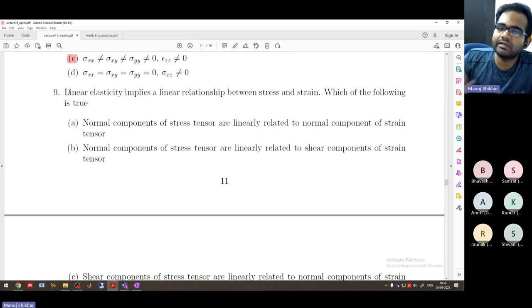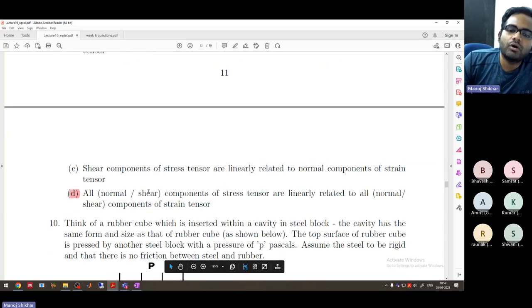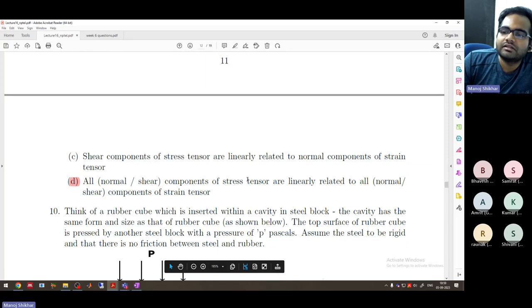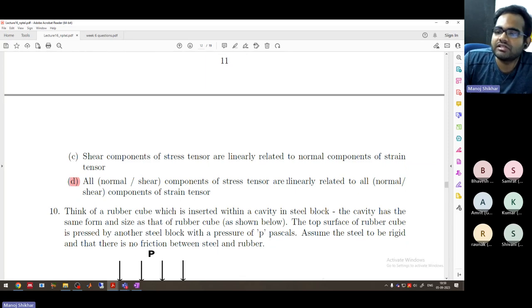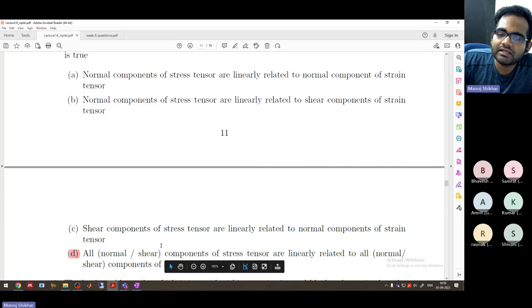Suppose you have to pick only one of the answers, then the correct answer is D, because all normal and shear components of stress tensor will be linearly related to all normal and shear components of strain tensor. But if it is a multiple correct question, then these other statements are also true because they are special cases of the fourth.